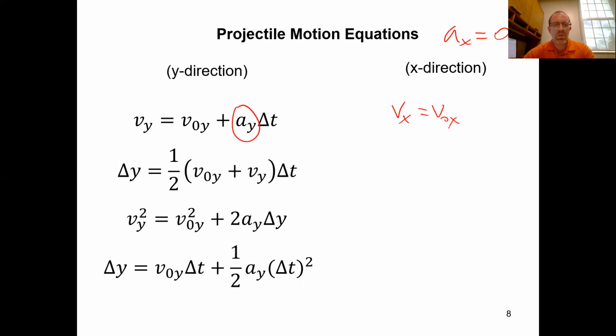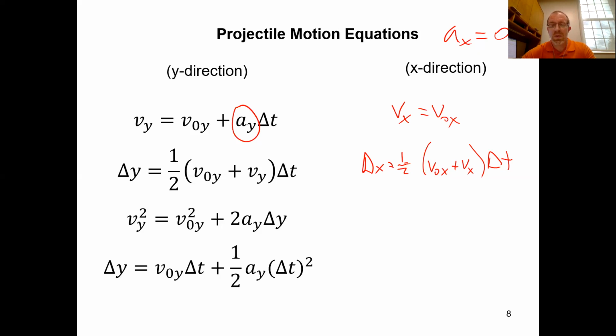Well, what about the second one? Well, this would give me delta x is equal to 1/2 times V naught x plus Vx times delta t. The velocity in the x direction isn't changing at all, so V naught x and Vx are going to be the exact same thing.